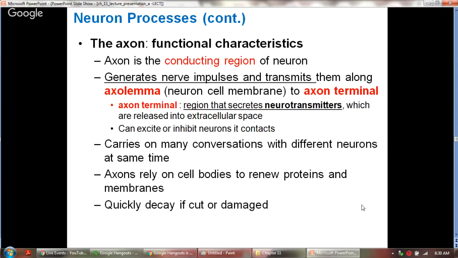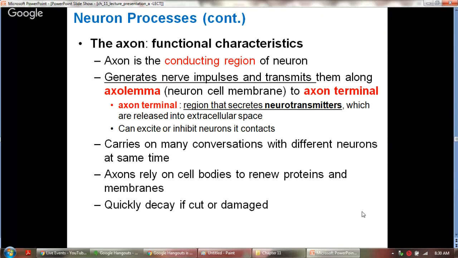The functional characteristic of the axon is that they conduct impulses which are received from the cell body. So the axon is the conducting region of the neuron. They generate nerve impulses and transmit them along the axolemma to the axonal terminal. And at the end of the axonal terminal, they secrete messengers.